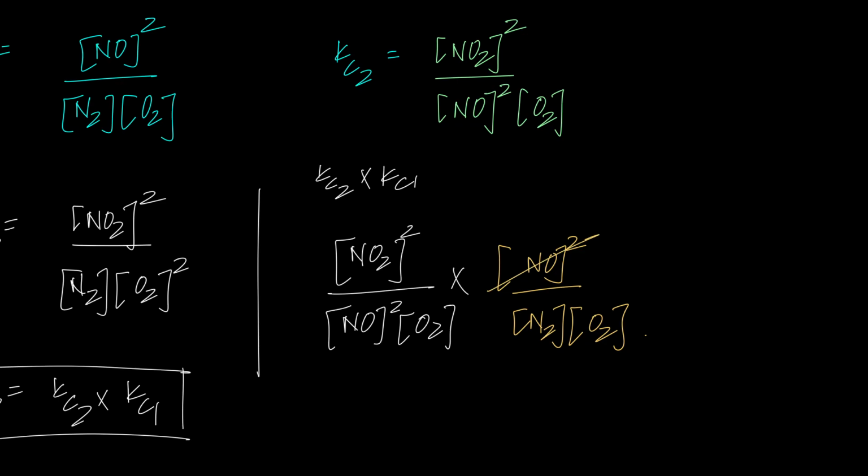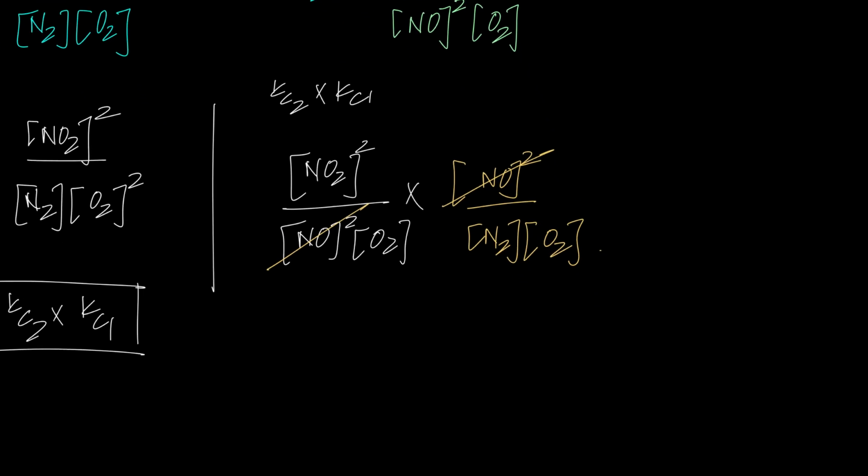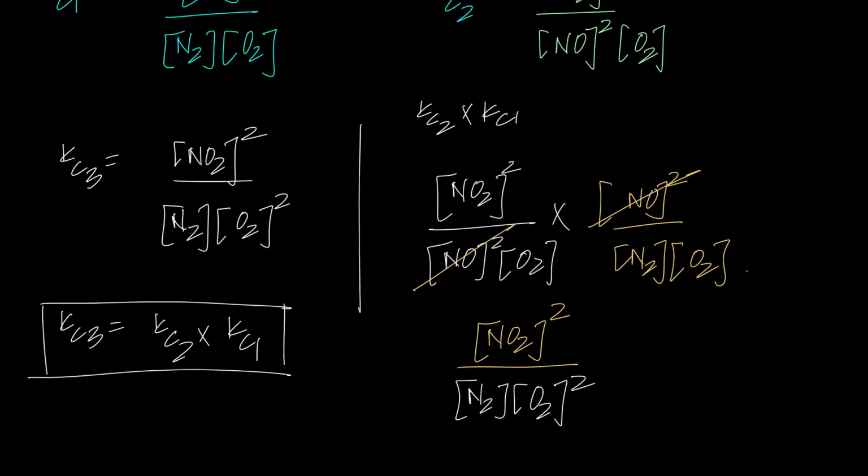What happens? NO squared cuts out. What do you get? NO2's concentration squared divided by N2's concentration and O2 squared. And what is this? Is this not Kc3?